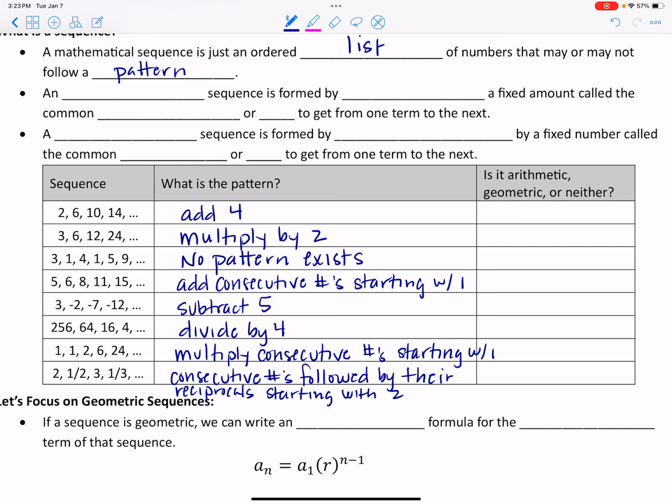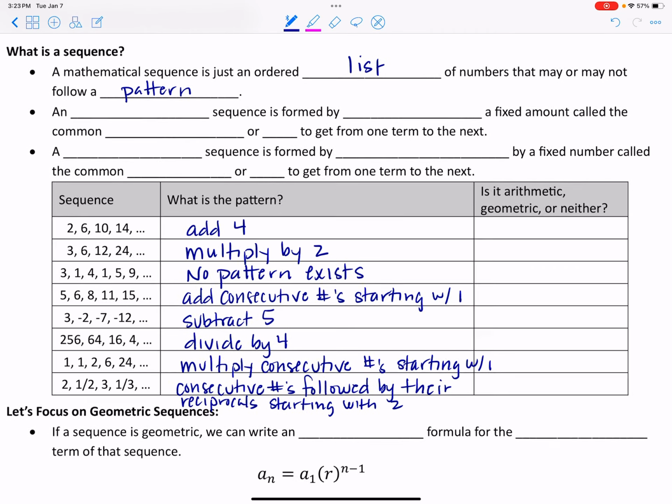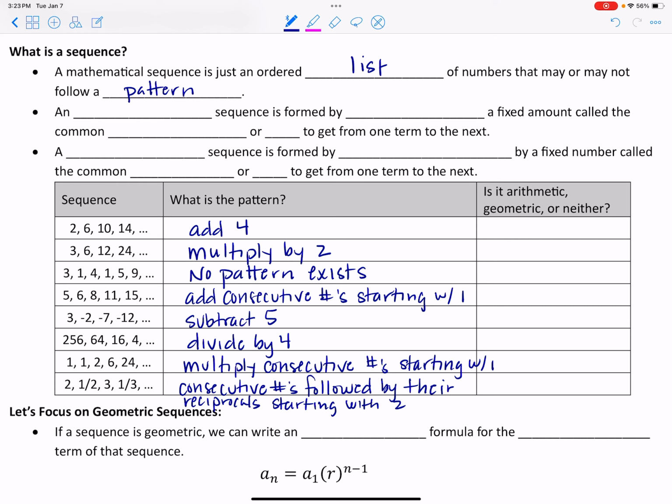Okay, so now that we've established some lists and some patterns, or maybe not a pattern here, I want to focus on 2 specific types of patterns that we see here, what we call arithmetic and geometric sequences. If a sequence is what we call an arithmetic sequence, it means that it's formed by adding.